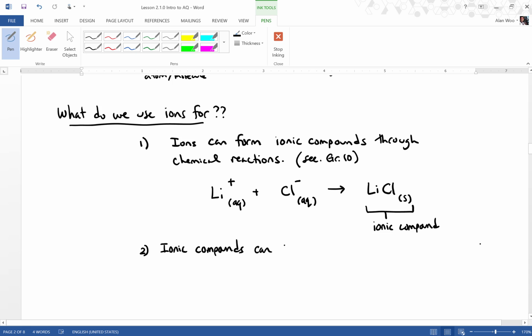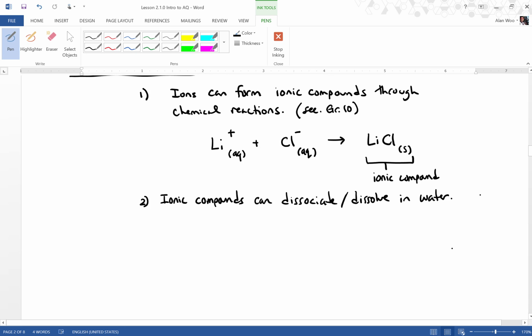So they can dissociate or dissolve in water. And again, in order to show that, we could take something like calcium sulfate.